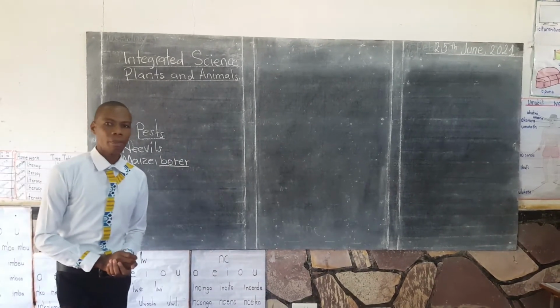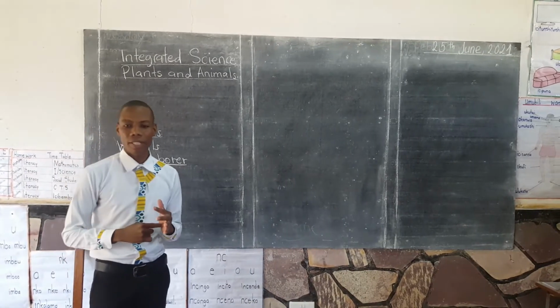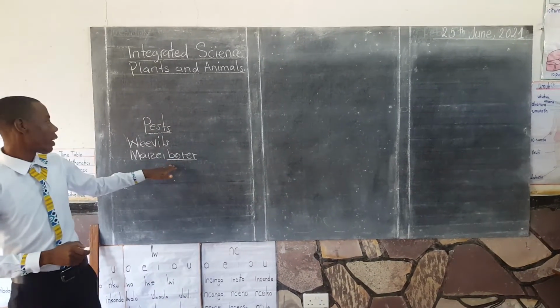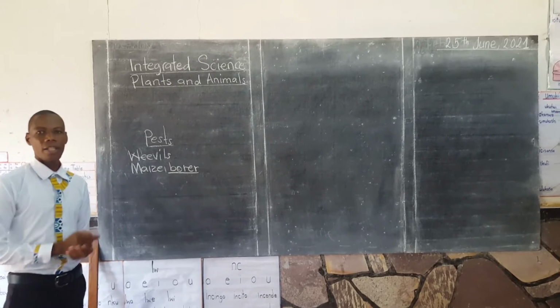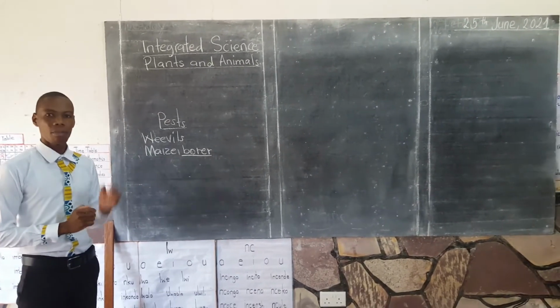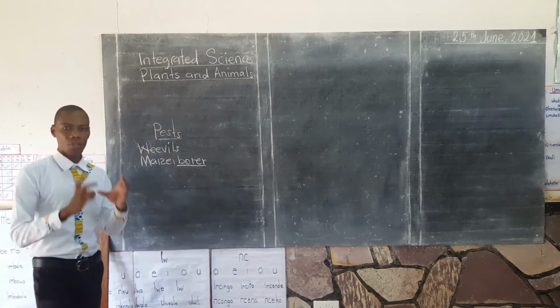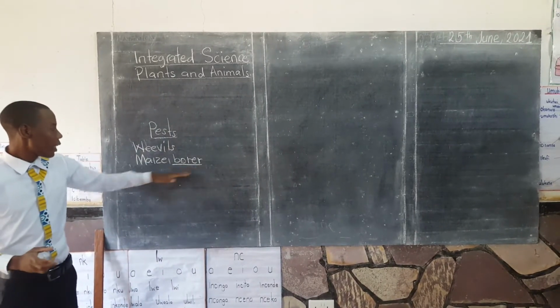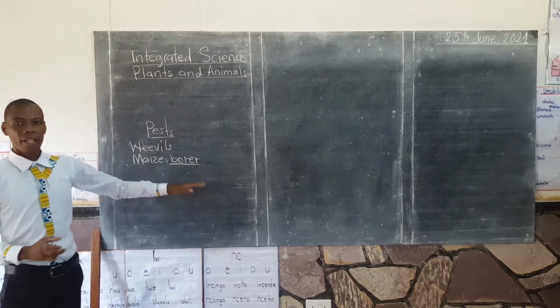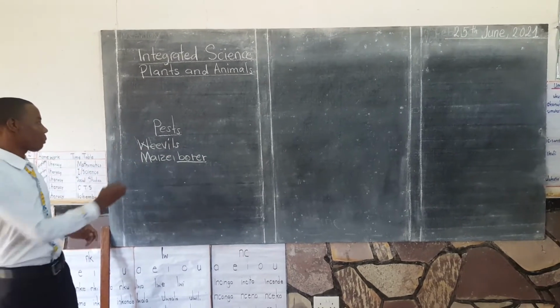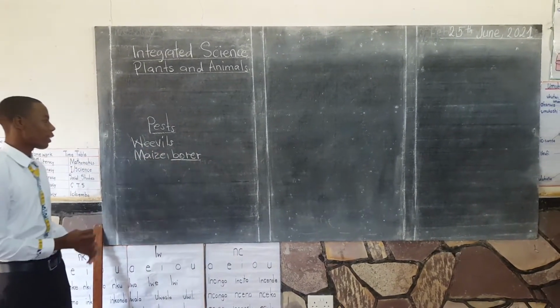To bore simply means to make holes in grains. So these maize borers usually make holes in the stored maize grains. It happens that after you harvest, you store your maize grains. When they get attacked by maize borers, then your maize products will be affected.